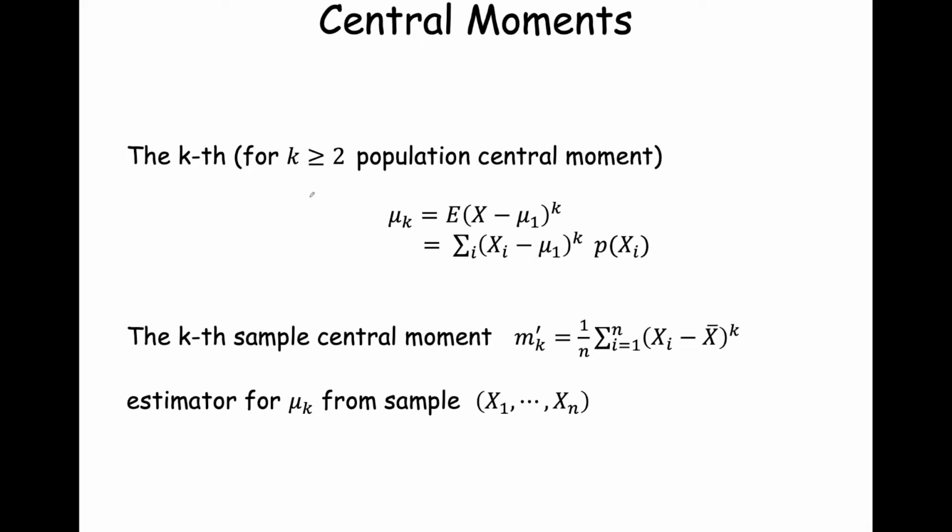The case central population moment, where k is greater than or equal to 2. Let's describe this expression, mu sub k. Because it's centralized, we're subtracting the center from each data point.